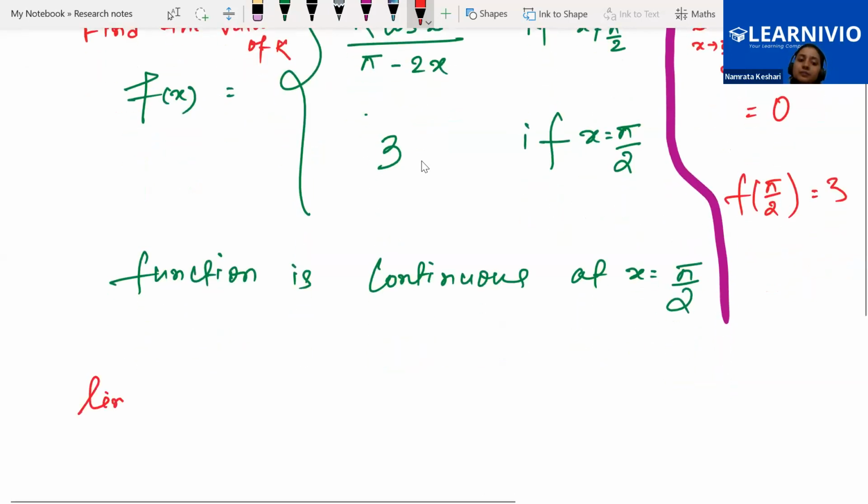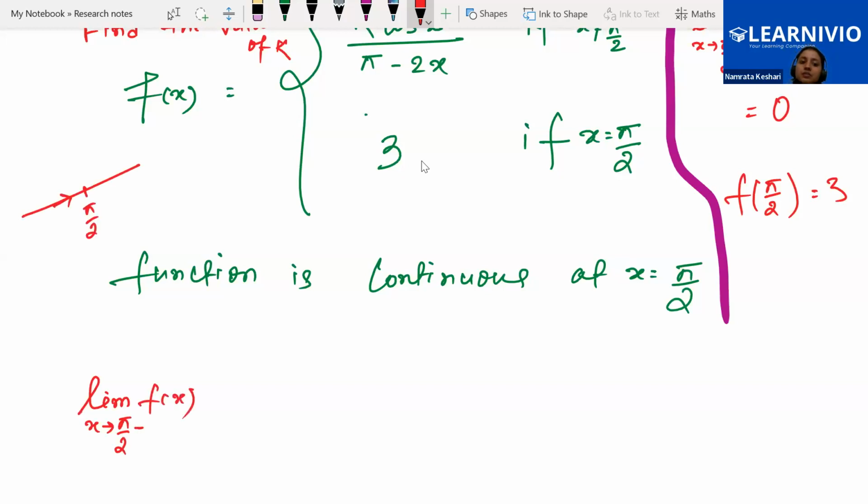Left hand limit, x is approaching pi by 2 from the left side. That means limit h, a very teeny tiny small number h we have taken, which is just close to 0, and f of pi by 2 minus h.